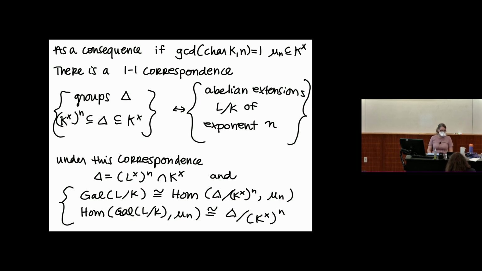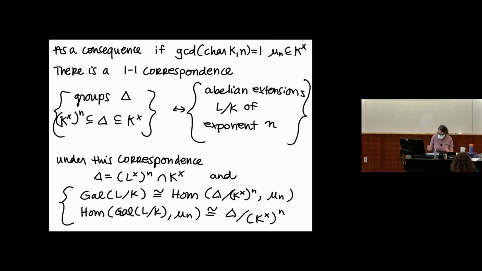All right. So we finally get to define the Hilbert symbol now that we've done all this work for so long. So still the same hypotheses, but now we're going to be in the local case.